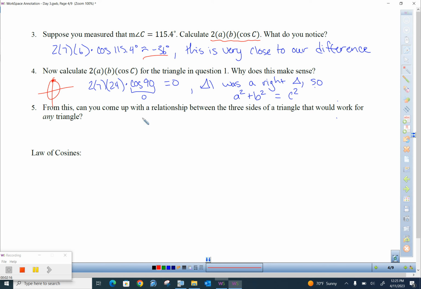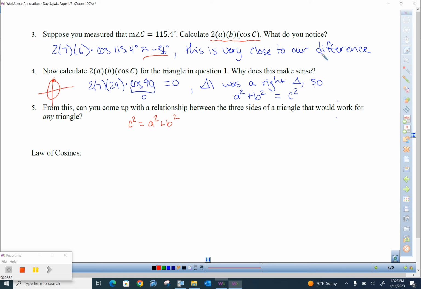Okay, but we want to use this to come up with a relationship between the 3 sides of a triangle, for any triangle. We know from geometry that if we're dealing with a right triangle, we can say c squared is equal to a squared plus b squared. Okay, and those are interchangeable, the order. But there's a reason I put it this way, okay? From what we're talking about up here, this number was very close to our difference, but our difference was 36. And we want to think about whether that's a positive 36 or a negative 36.